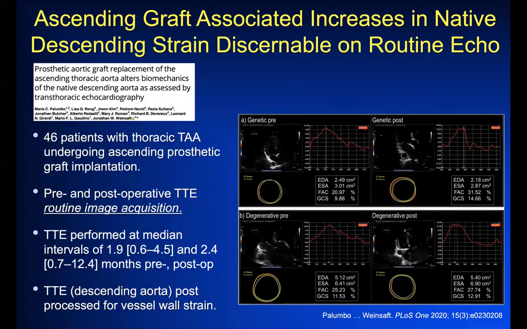In a subsequent study, we examined the predictive value of strain-based imaging among patients undergoing transthoracic echocardiography, both before and after prosthetic graft implantation. Again, this is routine image acquisition with post-processing using strain-based imaging to look at descending aortic distensibility following graft implantation.